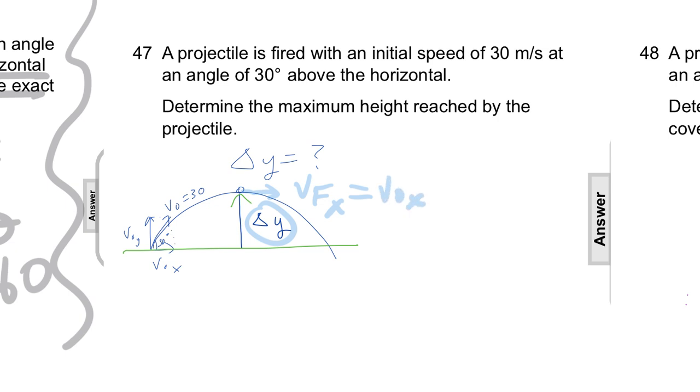So we'll have to find that. VOX is VO times cosine of 30, because that's the angle down there. So 30 cosine 30 is 25.98, so let's just call it 26.